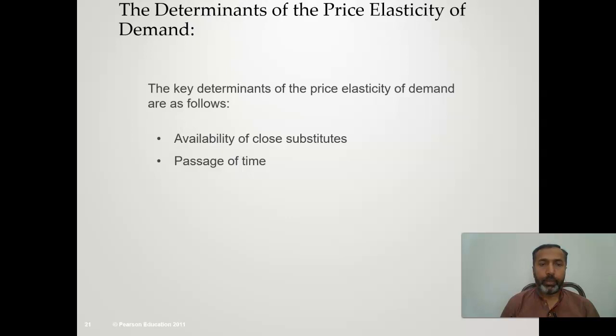Number 1, if the price of cigarettes suddenly increases, then a smoker needs some time to leave that habit, because if they are habitual smokers and due to a sudden increase in the price of cigarettes, they cannot leave that product. As time passes, they will be able to change their habit.